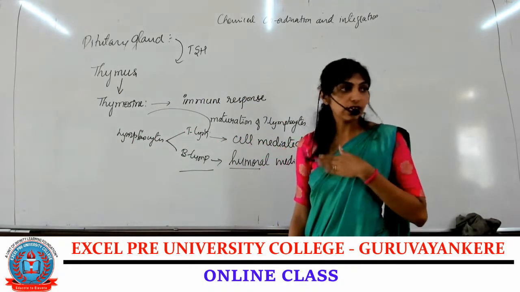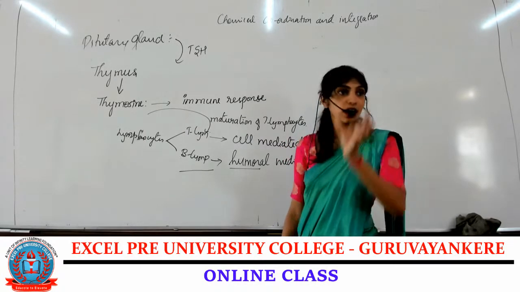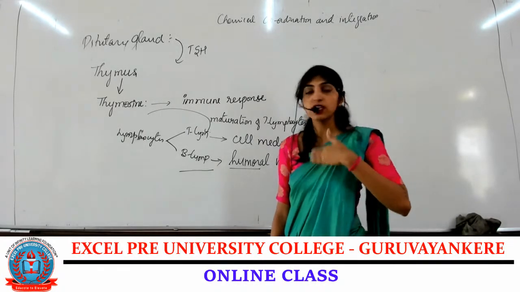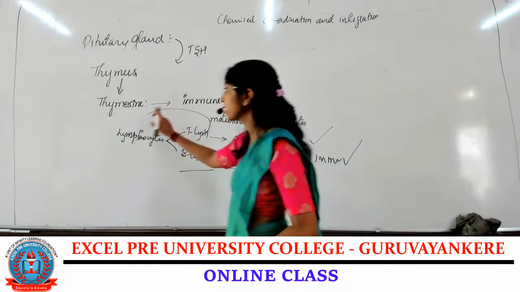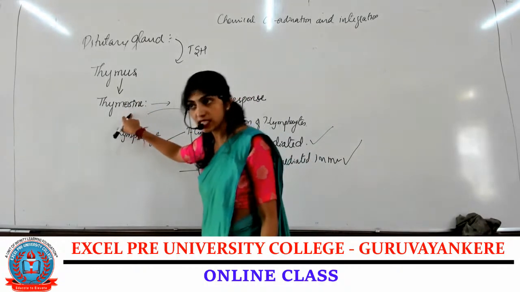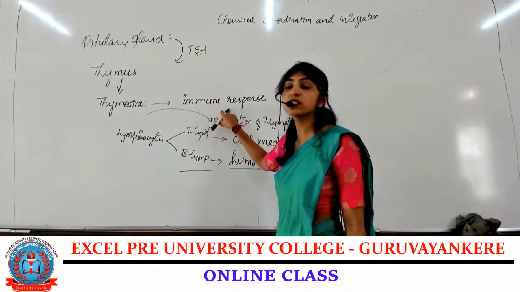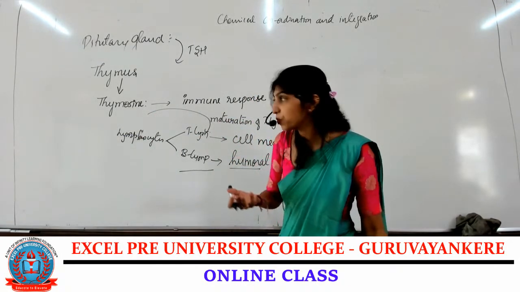Above the lungs, in front of the lungs, below the sternum, or at the junction of the aorta, in the front portion of the aorta, and it secretes a hormone called thymosin. Mainly thymosin is involved in the immune response. How?